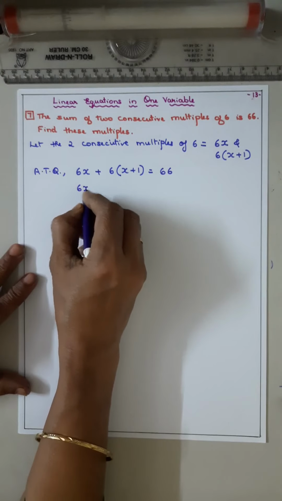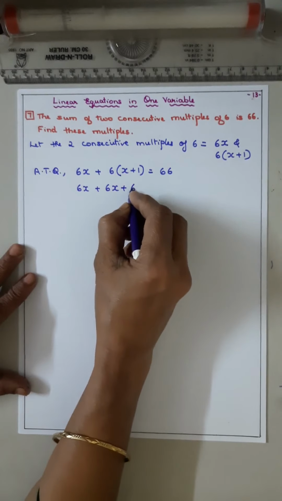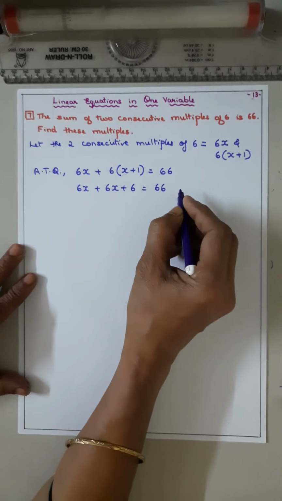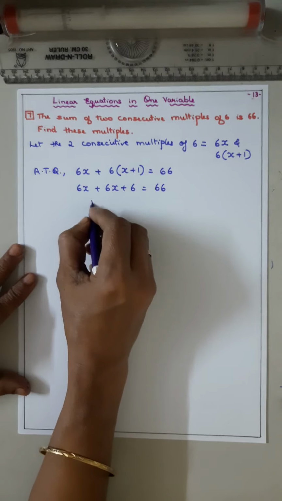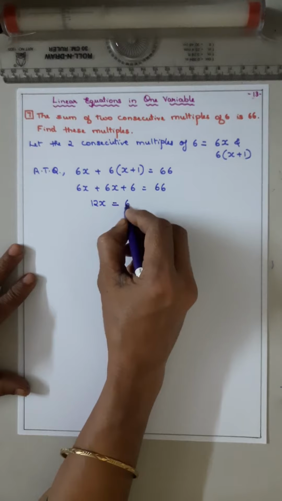So 6x plus 6x plus 6 ones are 6 is equal to 66. 6x plus 6x is 12x is equal to 66.